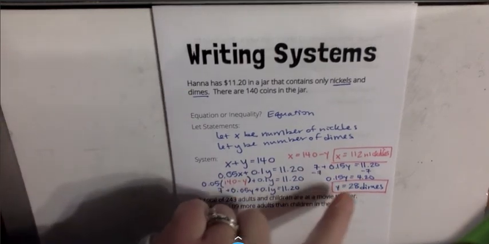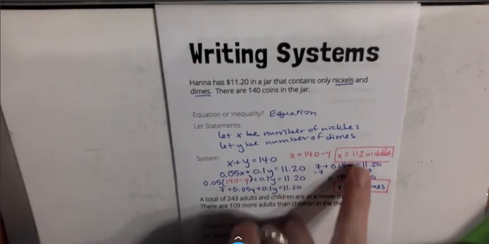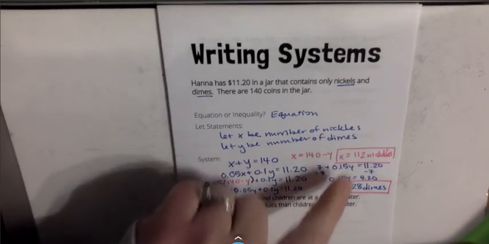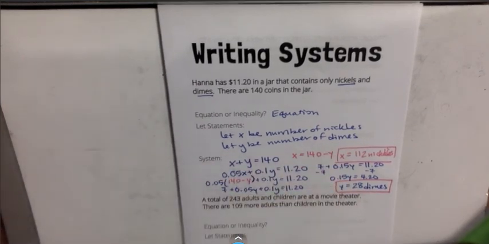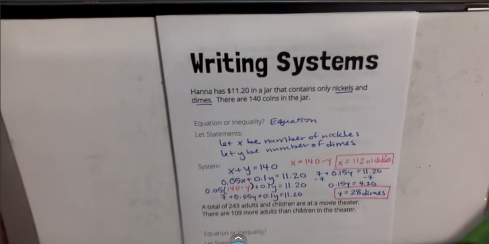These are two equations in context, so they need to have labels. I can say x is equal to 112 nickels and y is equal to 28 dimes and be done with it. Ideally, you're also putting these in a similar place on your paper, so I'll easily be able to see them when I go to grade your test.